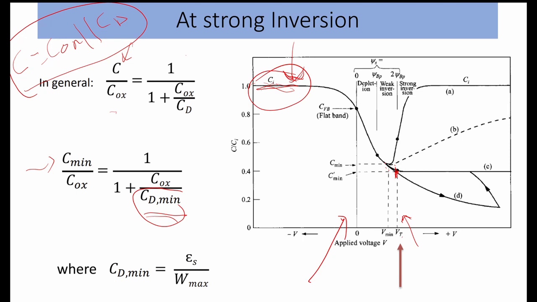So from here, actually we can calculate the CD min, which means the minimum depletion region capacitance. From CD min we can calculate the W max. Okay, so this is the thing.